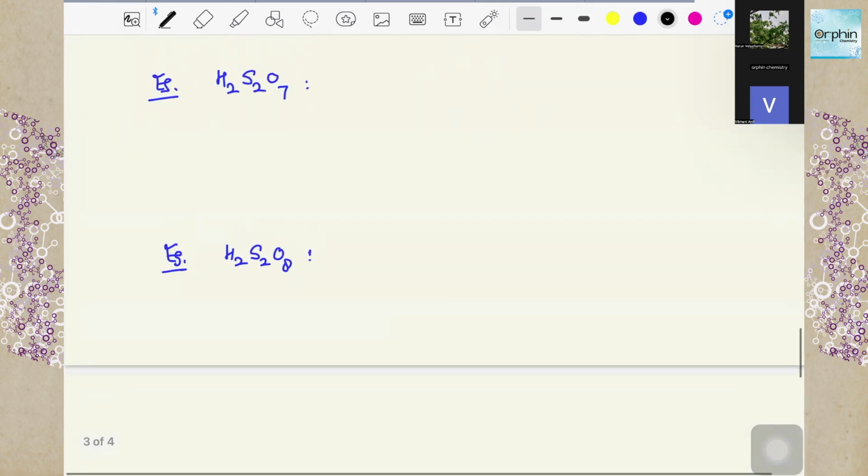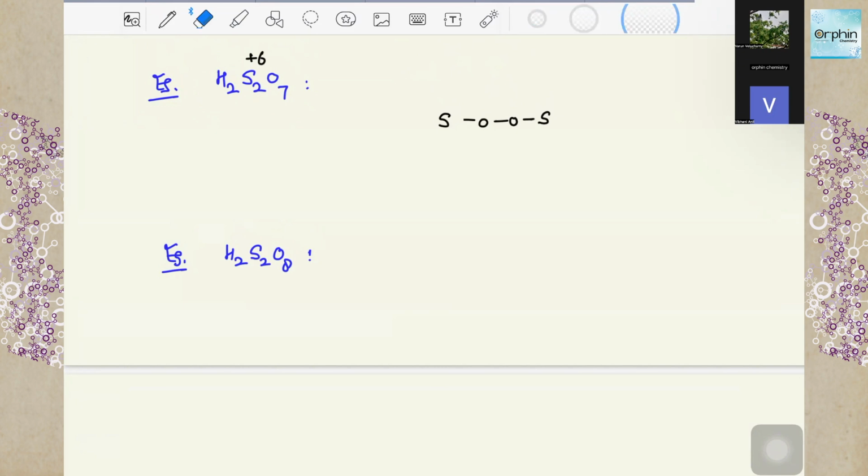H2S2O7: sulfur has the oxidation state +6. Sulfur, oxygen, sulfur, like this it will be made. It is +6, so it is equal to maximum, because sulfur has 6 valence electrons. So oxygen, sulfur. Now 2 hydrogens are there and 6 oxygens are there.